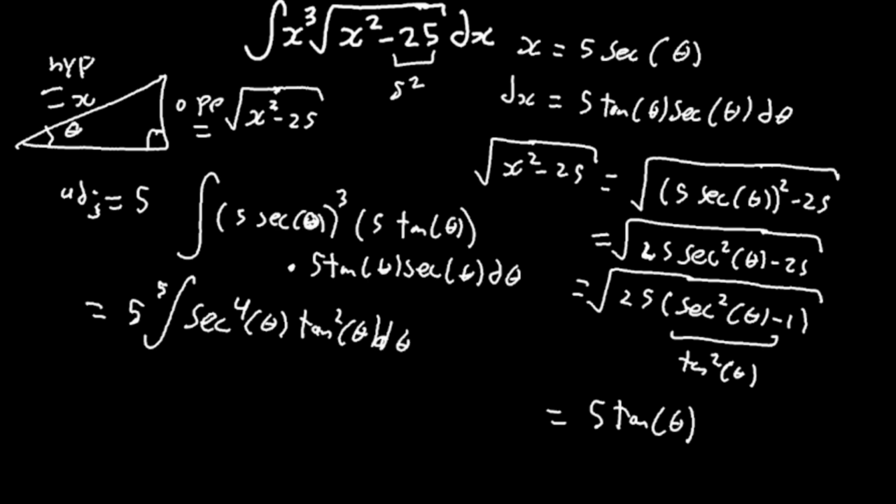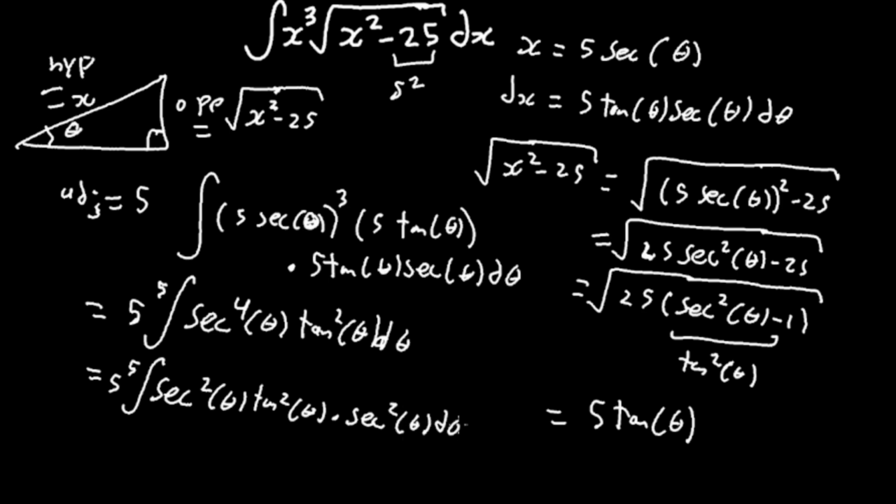Now, when you have a secant to an even power, what you want to do is pull out a secant squared. So this becomes 5 to the fifth, integral of secant squared theta tangent squared theta times secant squared theta d theta. Now what you want to do is turn everything other than the secant squared with the differential into tangents.